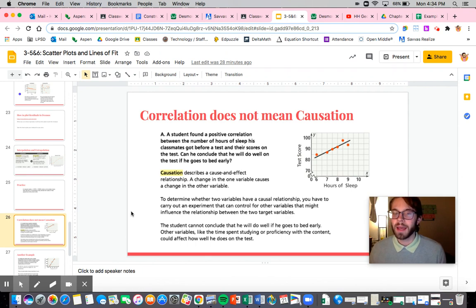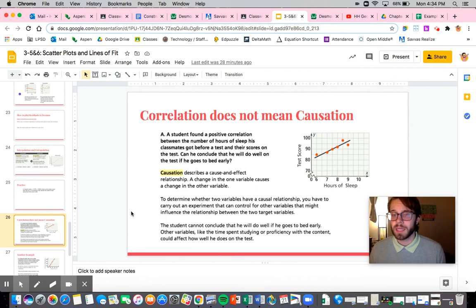A lot of times you have to carry out an experiment many, many times, trying to control for just about every other variable that could exist, to be able to say that something's causing something else in terms of statistics.